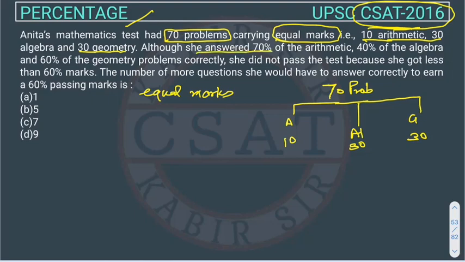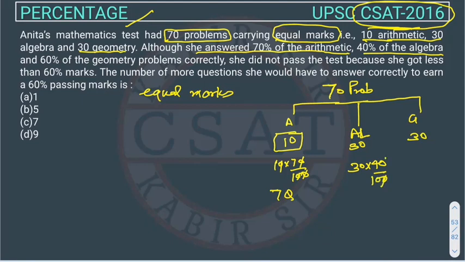Although she answered 70% of the arithmetic correctly. So we have to take 70% of arithmetic. Arithmetic is how many? 10. So what is 70% of this? It will be 7 questions. Right. 40% of the algebra. So this is algebra, right? She solved 40% of algebra questions.